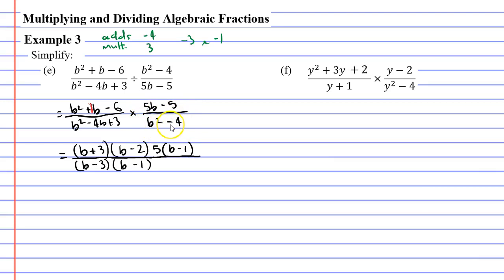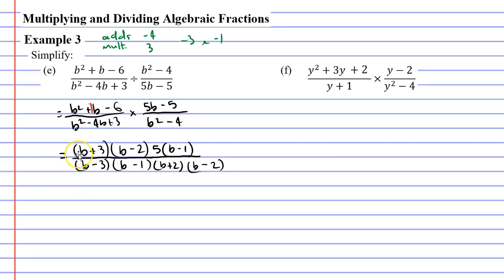We've got a minus sign, we've got two terms here, and both of them can be square rooted. So I'm going to have two sets of brackets. The square root of b squared is b, and the square root of 4 is 2. So in both sets of brackets, we're going to have a b and a 2. One's going to be a plus, and one's going to be a minus.